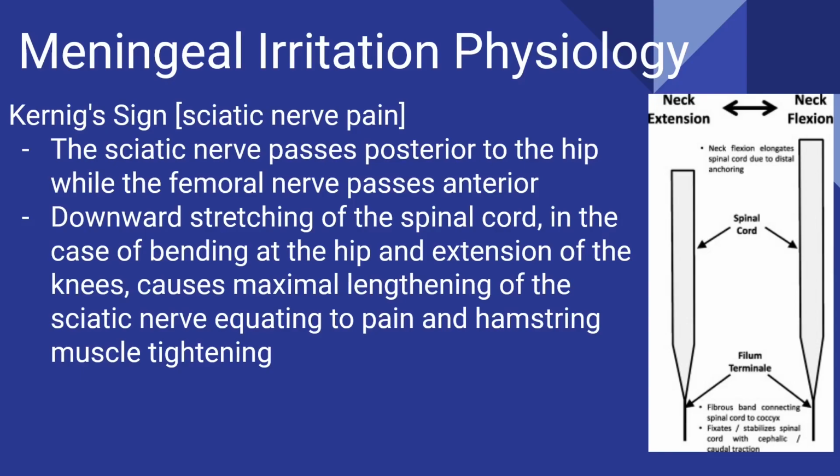What is going to happen there is the femoral nerve and the sciatic nerve are attached to different positions within the hip. So once we stretch those nerves down and we pull the spinal cord down, we should see a different type of pain in an inflamed spinal cord.